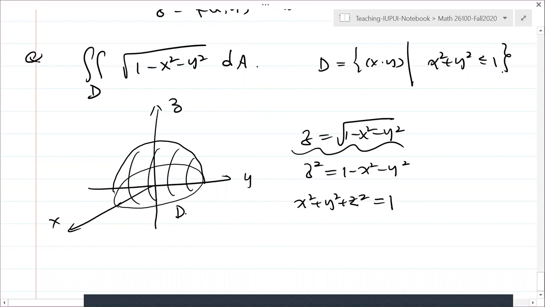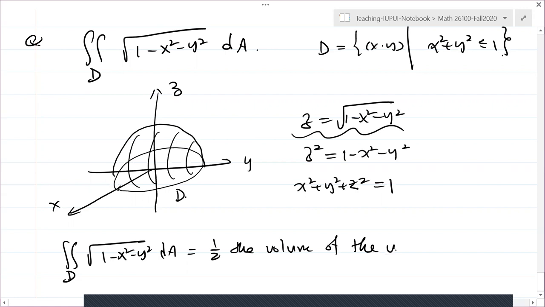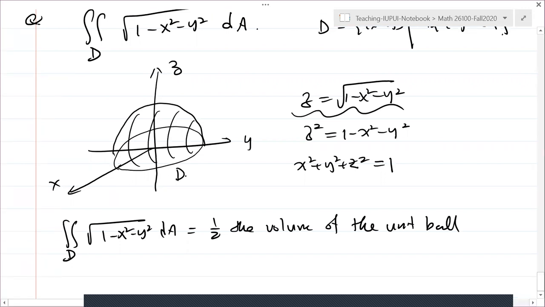So this double integral is going to be 1/2 of the volume of the unit ball. And if you remember the volume of the unit ball, then you can find it, right? So how many of you remember the volume of a ball?